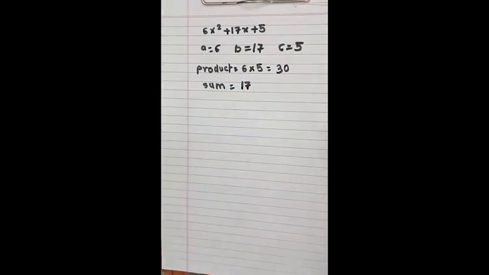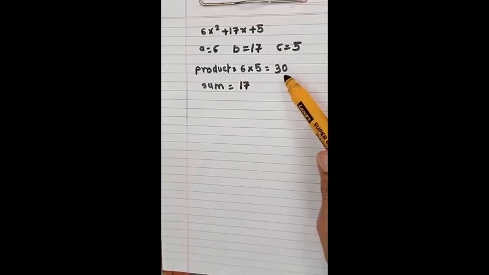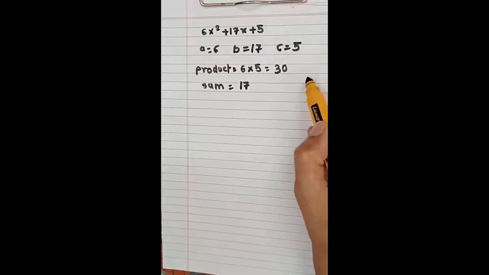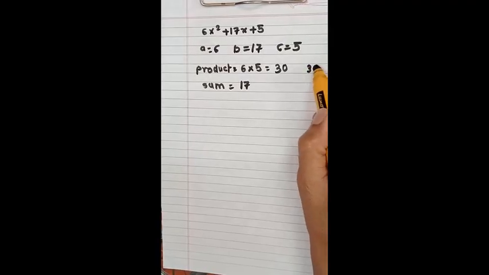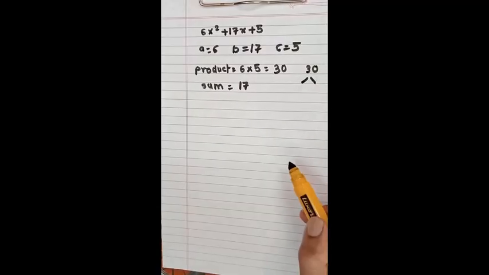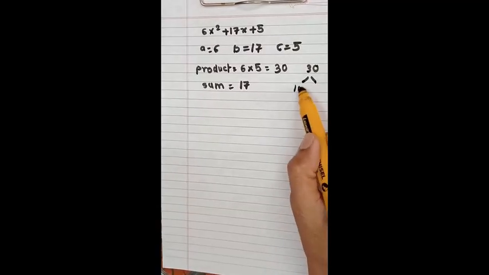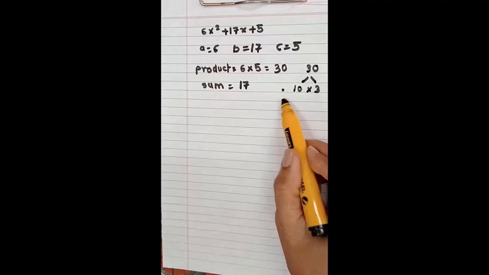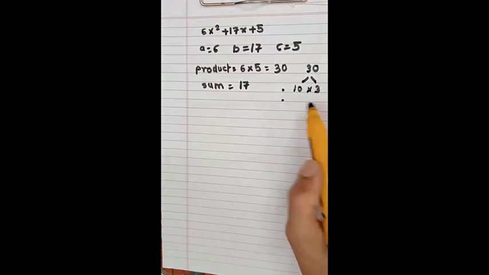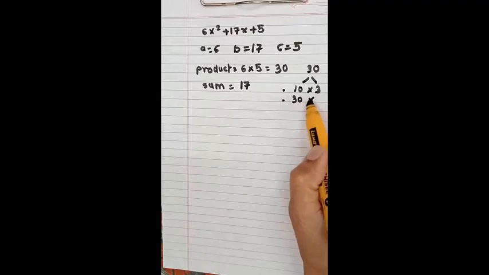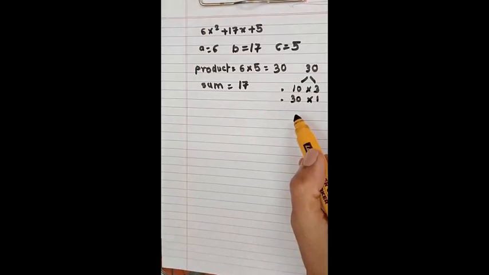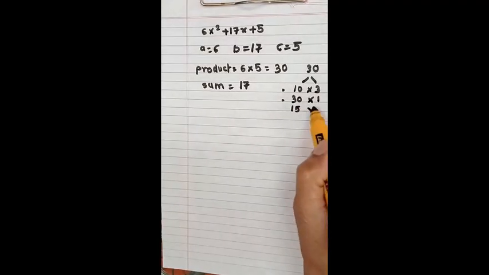So just find the factors of 30 such that the sum becomes 17. So we can factorize 30. How many combinations do you get? 10 into 3, 30. Another one, 30 into 1. Then you have 15 into 2.